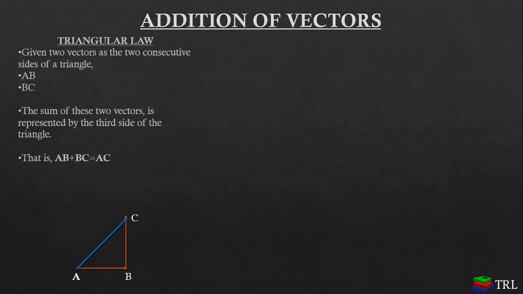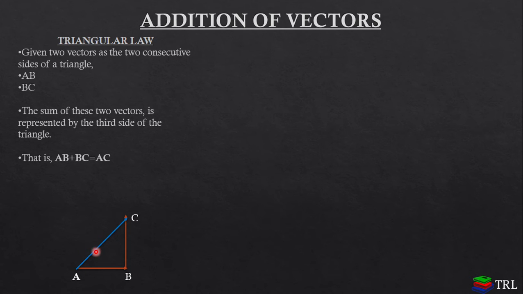That is vector AB plus vector BC equals vector AC, and that is to say that for us to move from point A to point C, we can go through point B to point C, that is moving along the path of vector AB and vector BC.